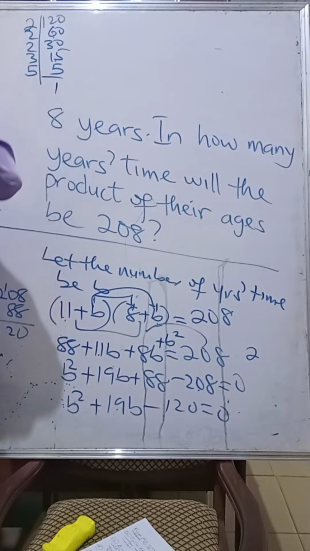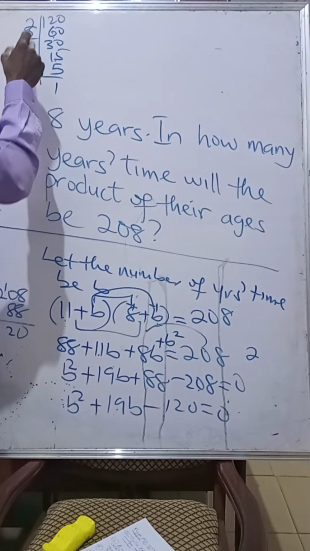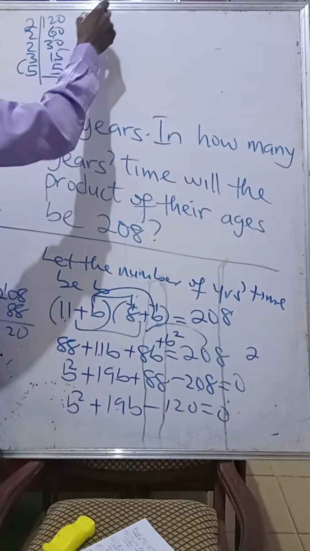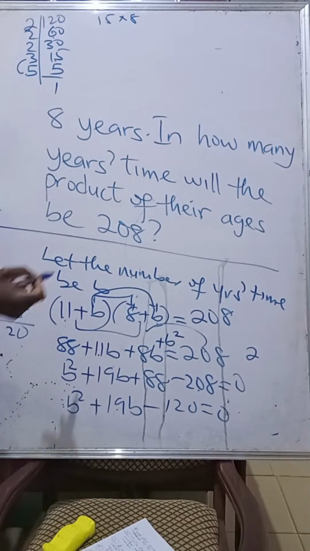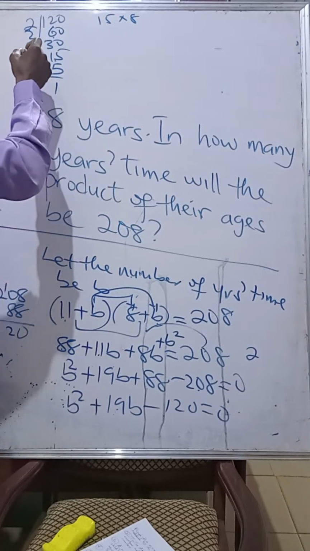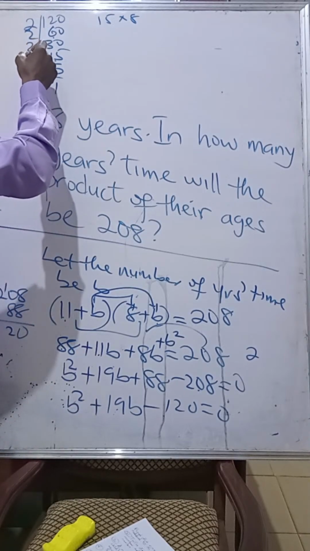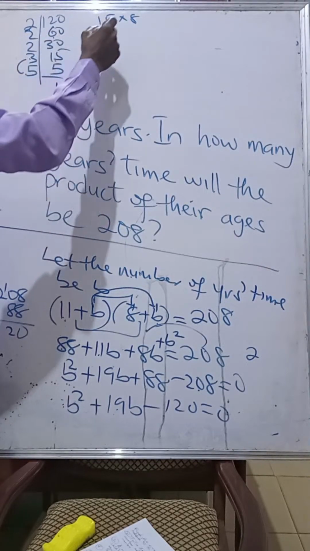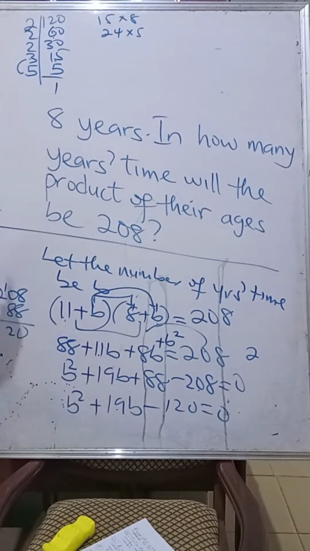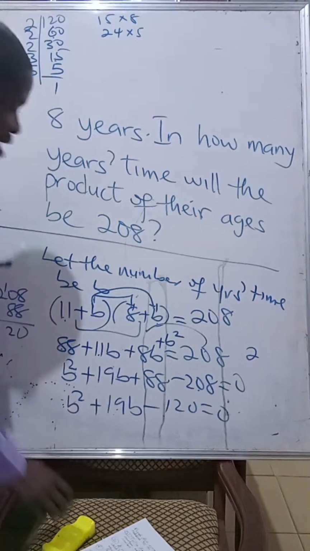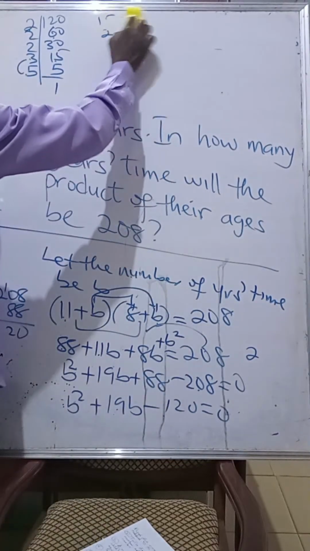Let's check 15 and 8. Can 15 and 8 give us 19? No. What of 24 and 5? Yes, to give us 120.